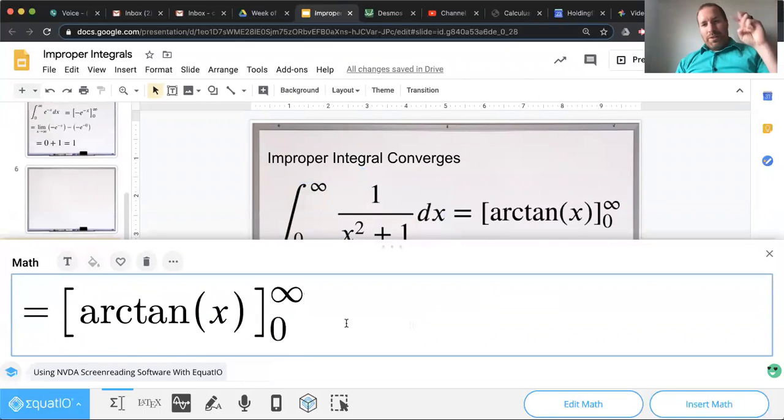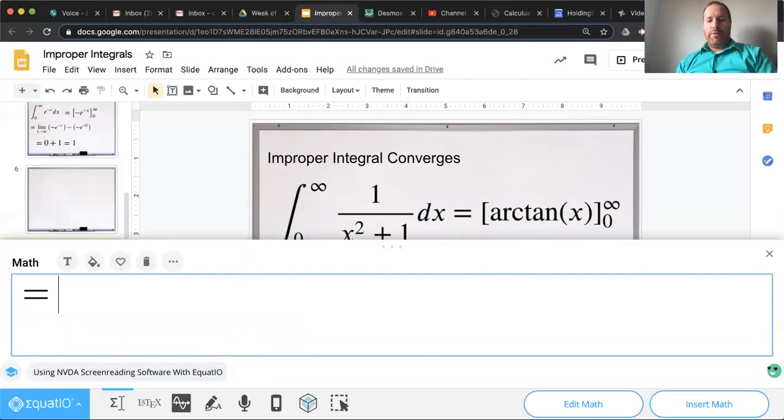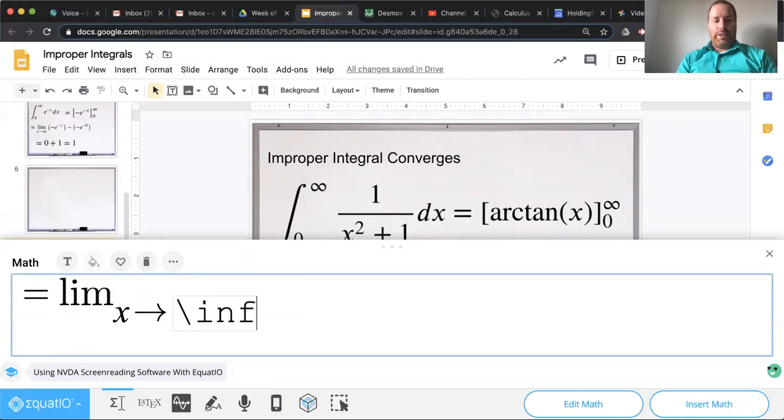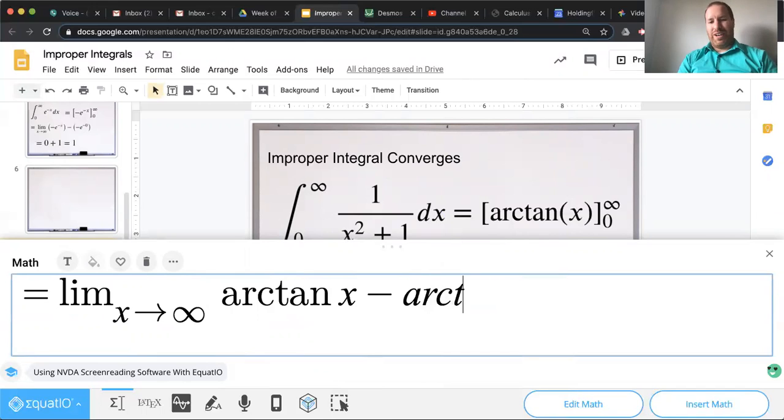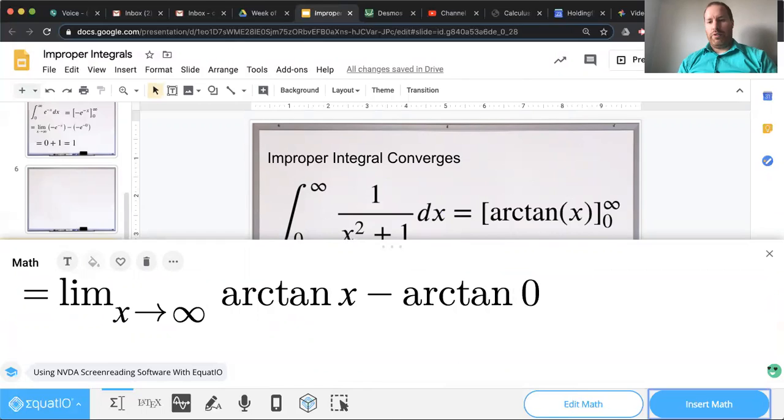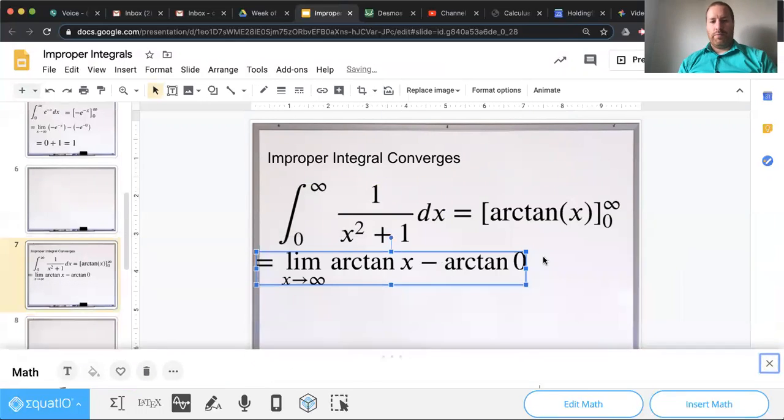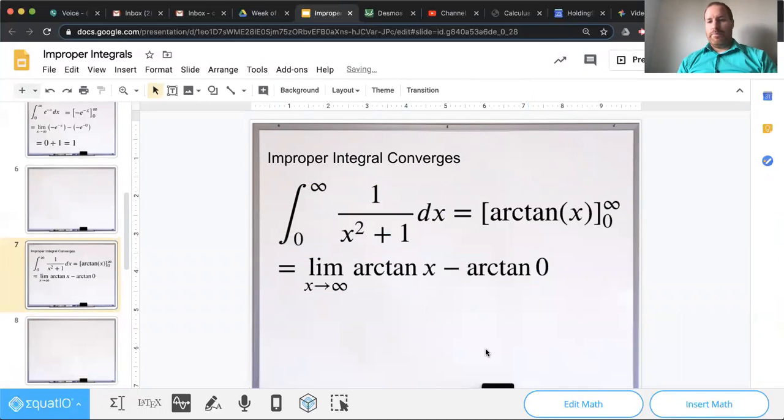Again, I can't plug in infinity, so that particular one we would have to make into a limit, right? We have the limit as x goes to infinity of the arctangent of x, and then we can subtract the arctangent of 0. Right? We can put those different things in, right? That's what we could have there.